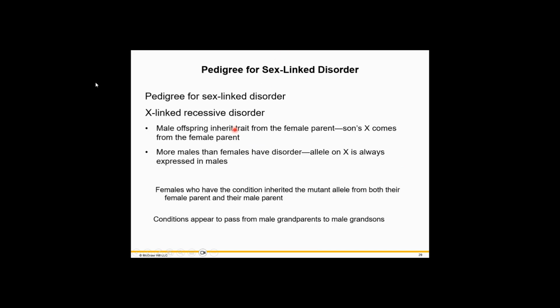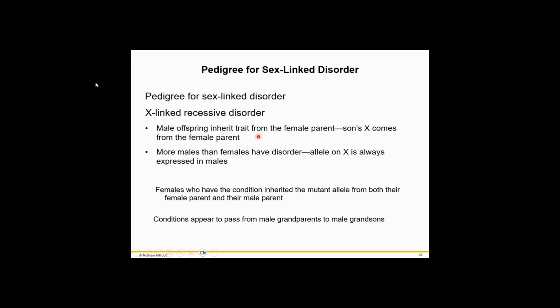If it is an X-linked recessive disorder, this means that the disorder will show up on the X chromosome, not the Y. For it to be recessive in a female, since females have 2 X chromosomes, it would have to show up on both of their X chromosomes.